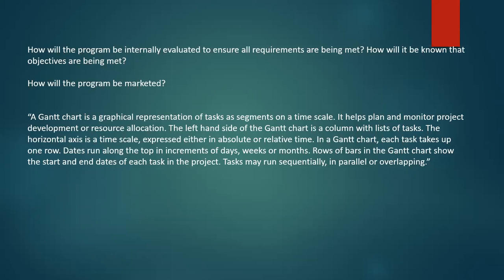In a Gantt chart, each task takes up one row. Dates run along the top in increments of days, weeks, or months. Rows of bars in the Gantt chart have the start and end dates of each task in the project. Tasks may run sequentially, in parallel, or overlapping.